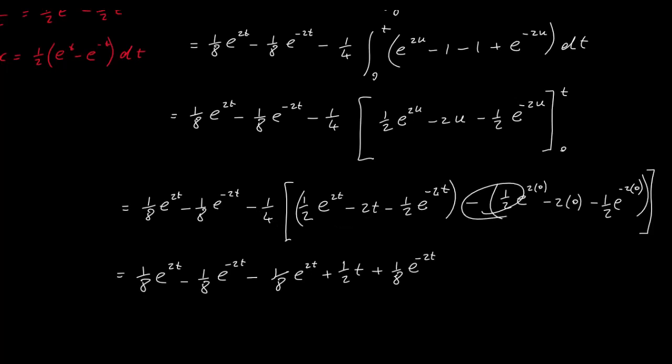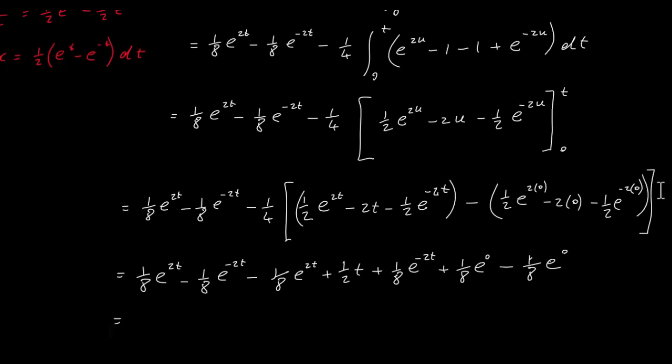Now this is actually a minus here, so that will be minus minus plus 1/8 e to the power of 0, which is 1. This here is just going to be 0, so we don't have to worry about that. This here will actually be plus, minus minus is plus, and then multiplied by this minus, which will give us a minus. Again, it's 1/8, and it is e to the power of 0, which is 1.